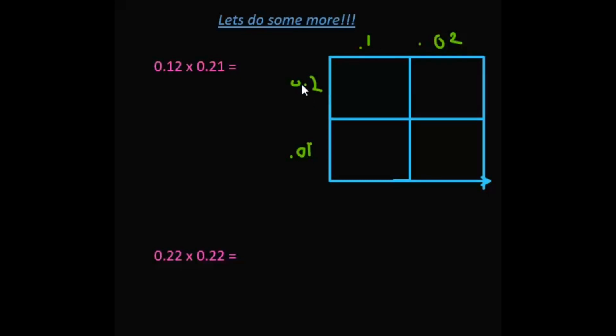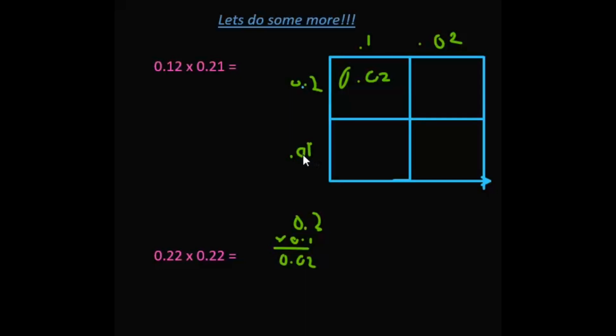So 0.2 times 0.1. Let's do it right here. We should know that this equals 0.02. There we go. Perfect.